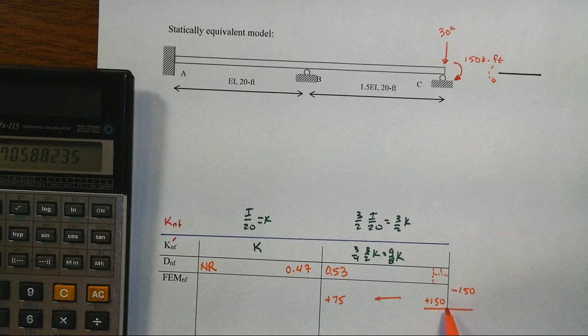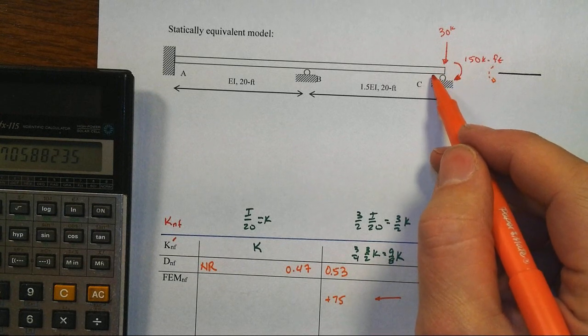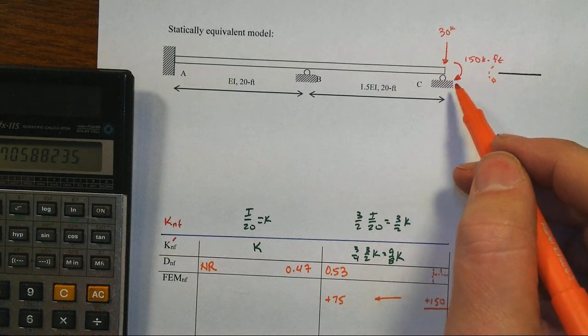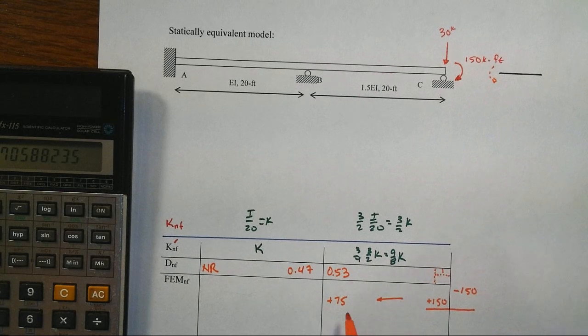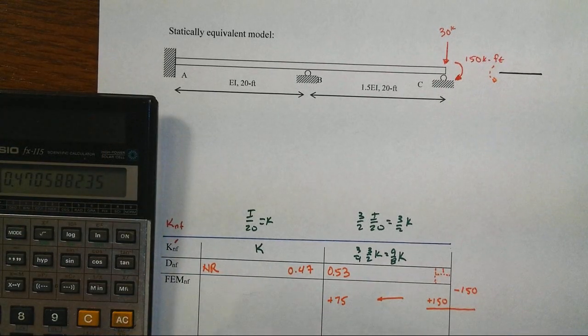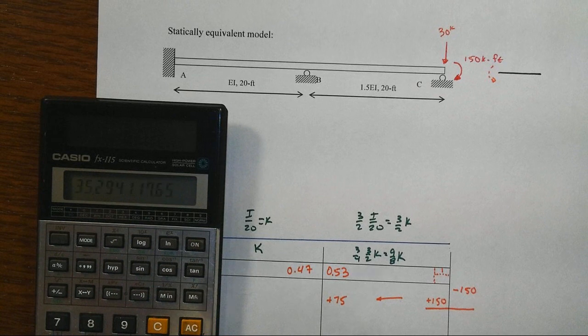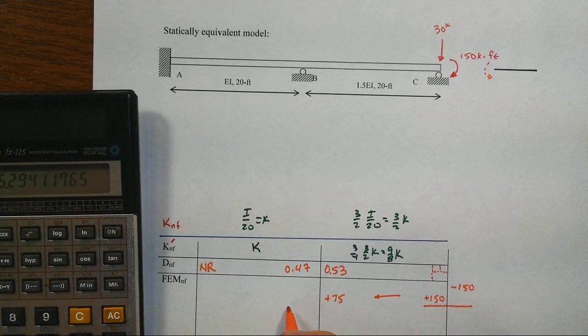And note that, alright, this makes sense, right? That we have a static moment here. That means we have to have a static moment that develops that is in effect equal and opposite to that for equilibrium. And then we come over to here and we got a net of 75 as the unbalanced moment. That's 35.3 that develops.